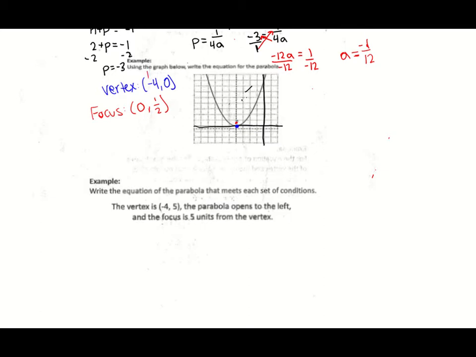Okay, so using my vertex, I have (h, k) right here. I know my parabola is opening up, so I'm going to write the equation that I'm going to use at the top here.